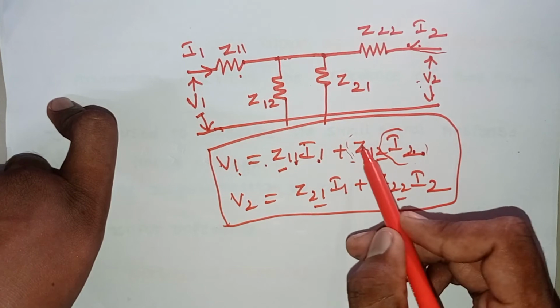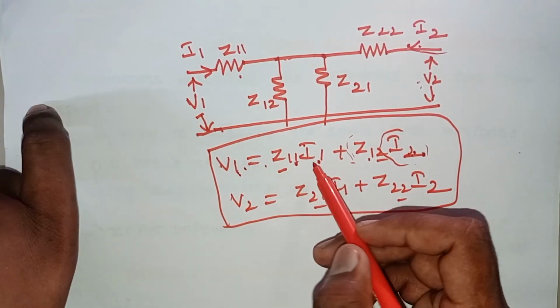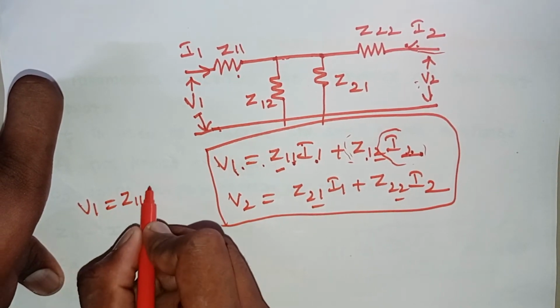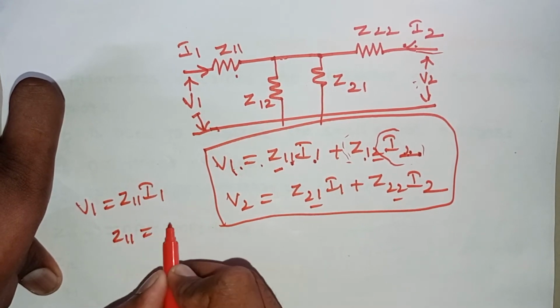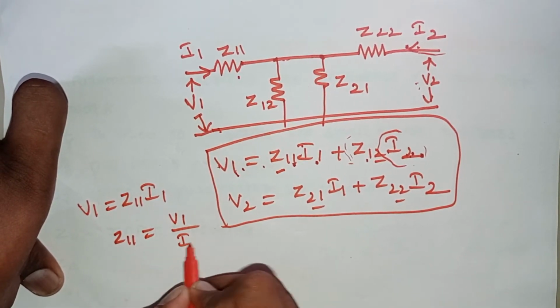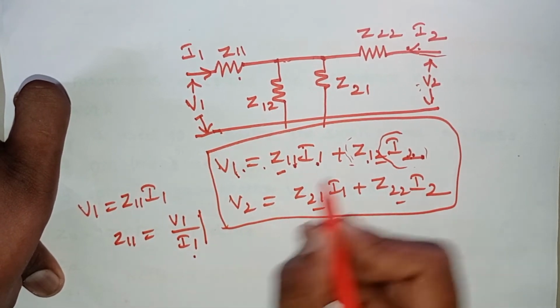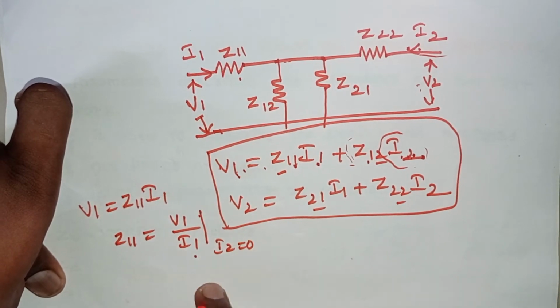I2 equal to 0, then the complete term becomes 0, then we have V1 equals Z11 I1. From this equation, Z11 equals V1 by I1 when I2 equals 0. Remember this point.